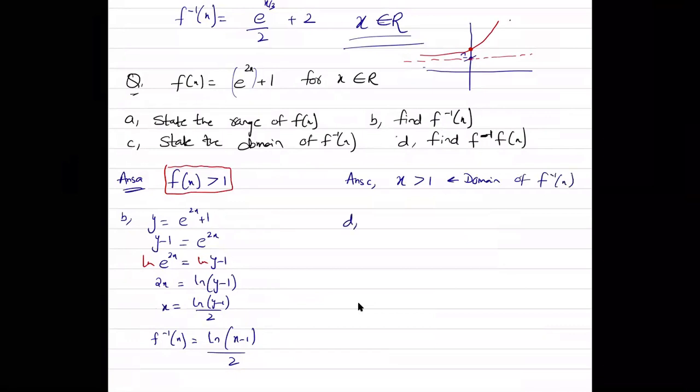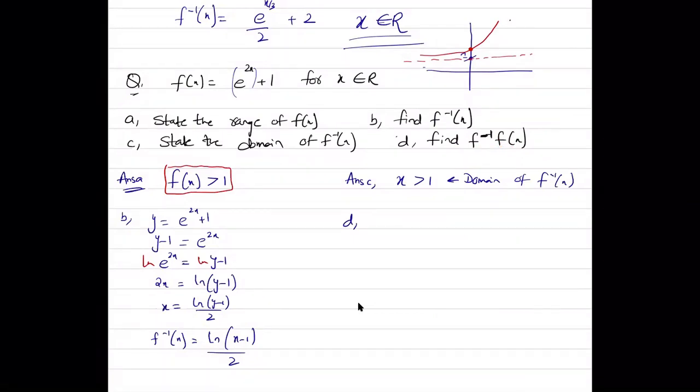For part D, what would you call this function f inverse f of x? It's a composite function. The function f of x is now being inserted in f inverse of x. So let's go for it. In the f inverse function you are going to insert f of x.